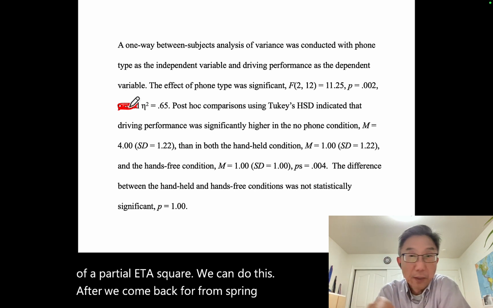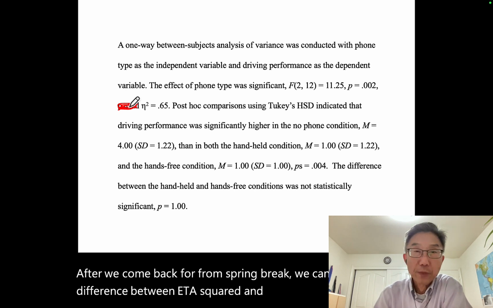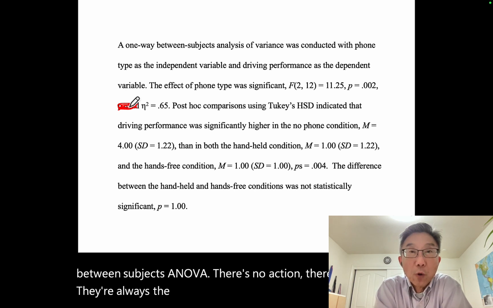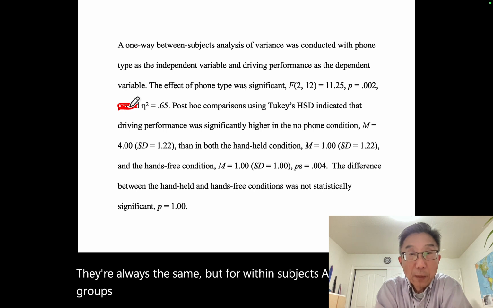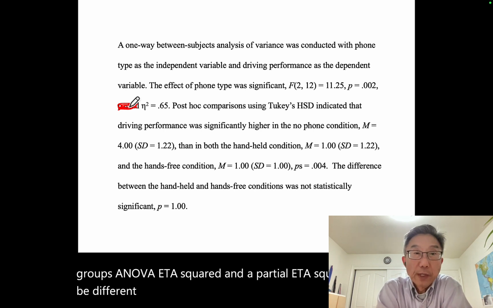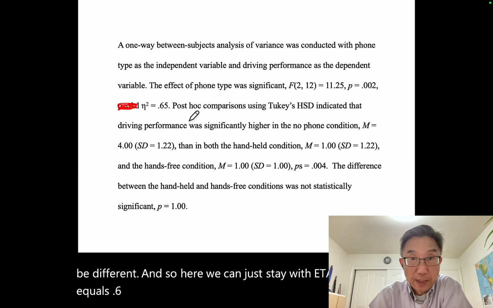We can talk about the difference between eta squared and partial eta squared after we come back from spring break. For between subjects ANOVA, there's no difference. They're always the same. But for within subjects ANOVA, within groups ANOVA, eta squared and partial eta squared are going to be different. And so here we can just stay with eta squared, equals 0.65, the effect size.